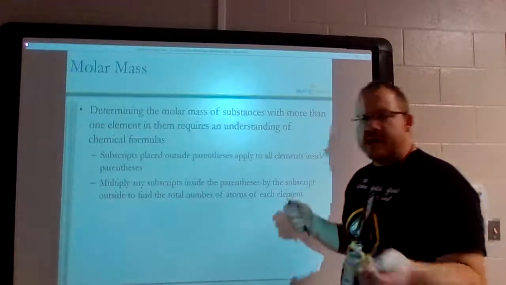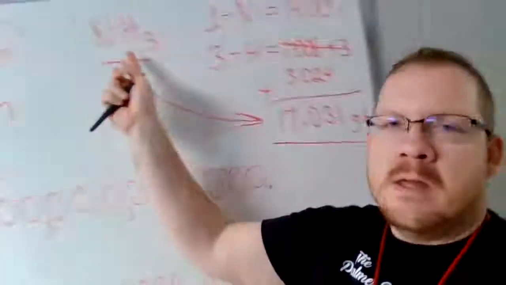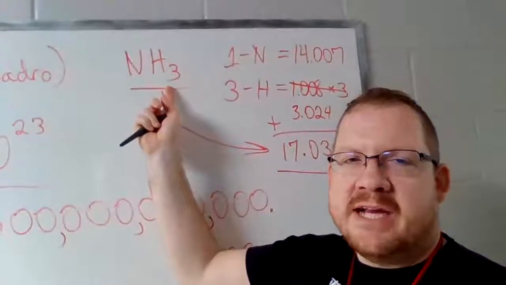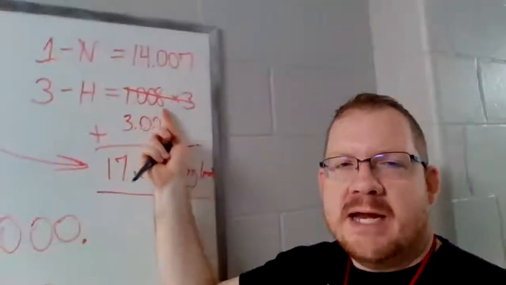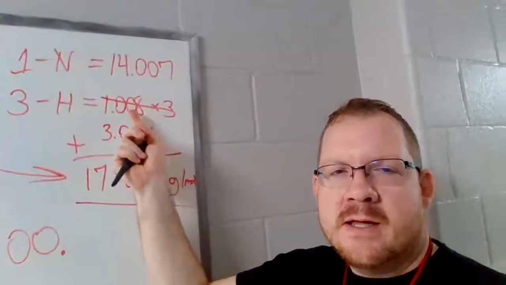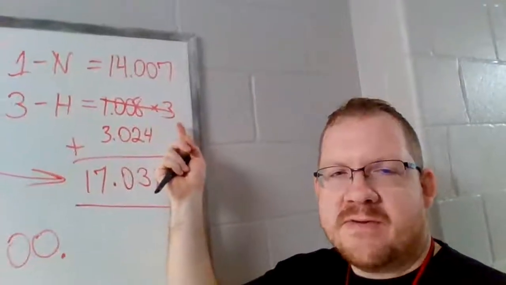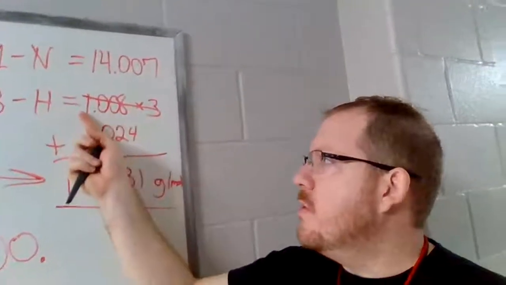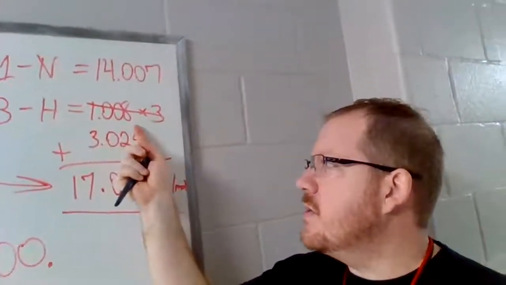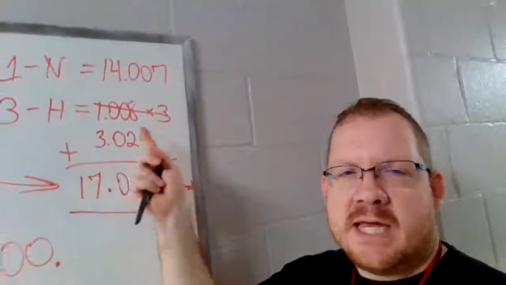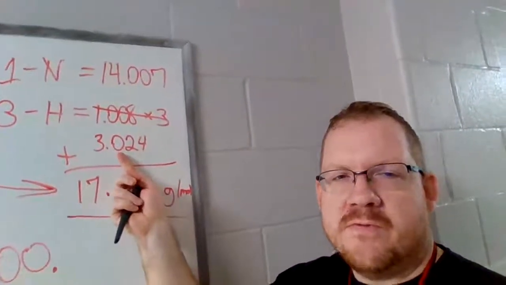So over here, I had 3 hydrogens. I took my little 3 from my NH3, and I multiplied the weight of the hydrogen by that 3. And so each hydrogen weighs 1.008 multiplied by 3 is equal to 3.024. That's what they're telling you to do here in the PowerPoint.